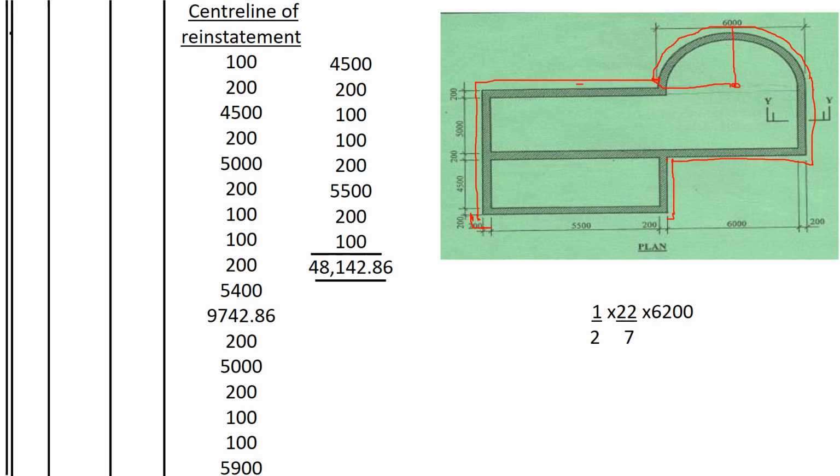Then we add 100. Then we add this length. Then here we shall add 100. So if you follow through, you'll be able to see, even using my dimensions, that if we add those total lengths, we shall get the center line of the reinstatement.